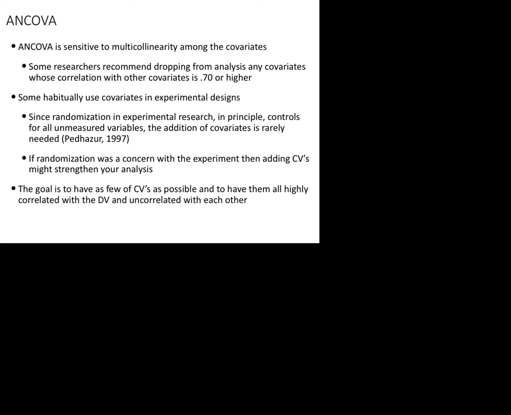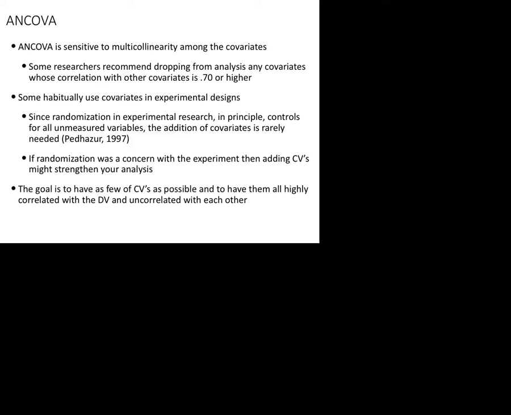Since we randomize in experimental research, in principle, we have control for all of those things by the random assignment. Our groups should not be significantly different on our dependent variable if we divide them up by groups.